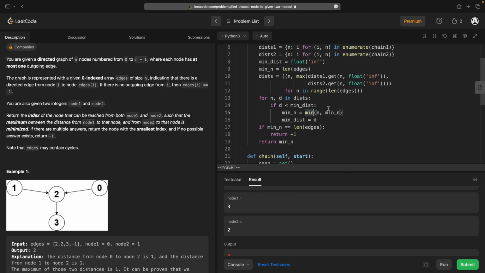If d is less than the min distance, if n equals min n, else, no, that just can't happen. There's two conditions that we're dealing with here. One is that the distance is less, in which case it doesn't matter, min n is going to be n.